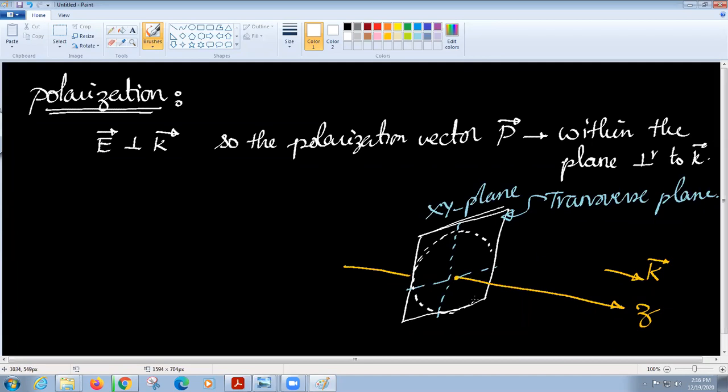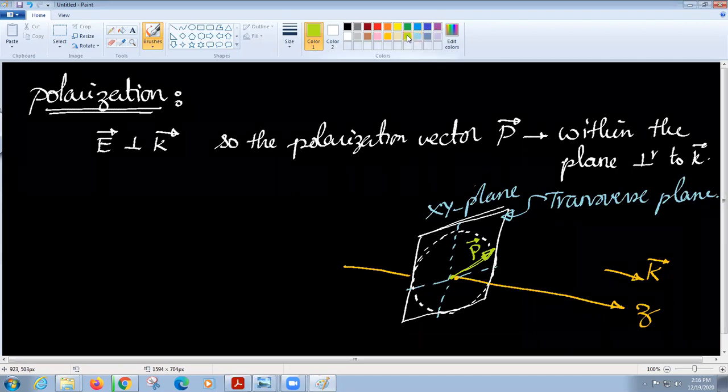Now to support this argument, let's take a vector. Say this is a vector P. This is my polarization vector. This vector P is rotating along this circle on this transverse plane.